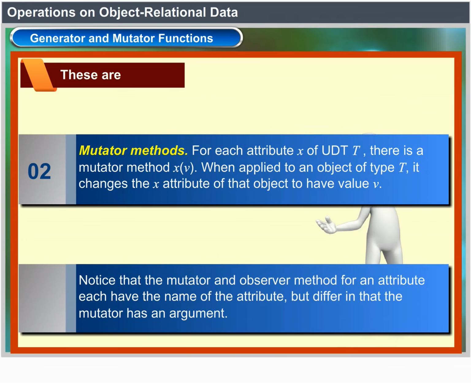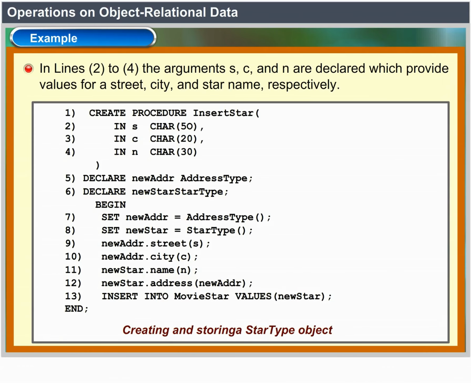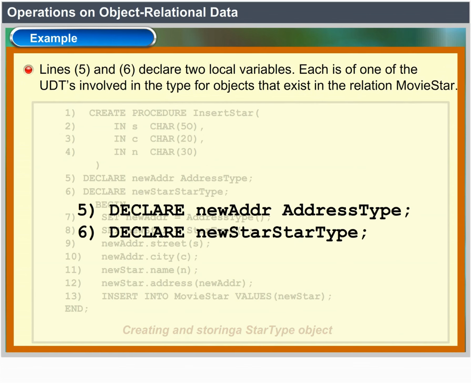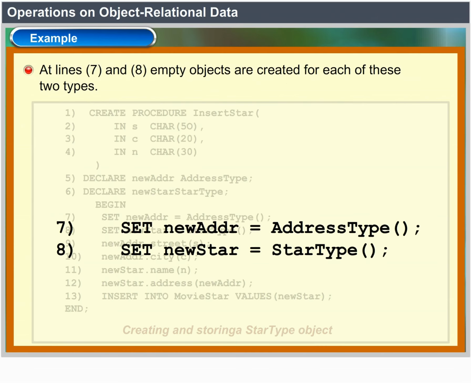Example: lines 2 through 4 introduce the arguments s, c and n, which will provide values for a street, city and star name respectively. Lines 5 and 6 declare two local variables, each of one of the UDTs involved in the type for objects that exist in the relation MovieStar. At lines 7 and 8, we create empty objects of each of these two types.